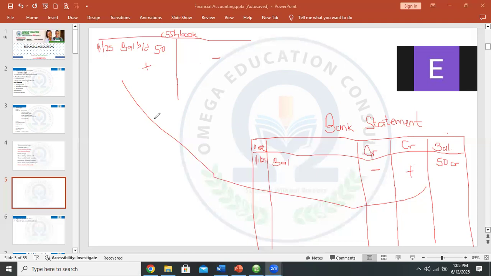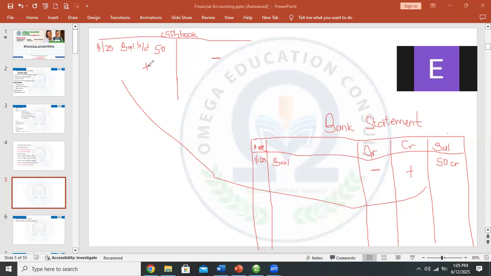So in the eyes of the bank, if the bank receives money from the customer, they will credit the customer and then they will debit their cash book. But we, the business, when we receive that check, we debit our cash book and then we credit the person who gave us the check.